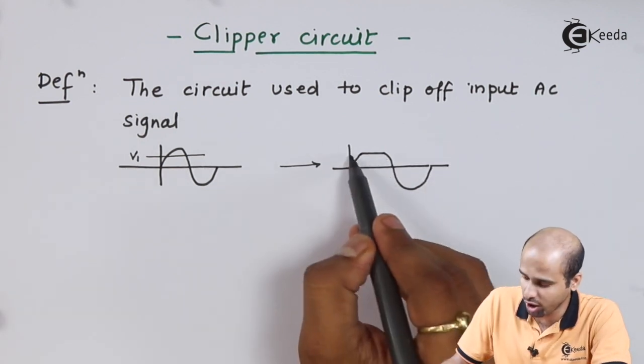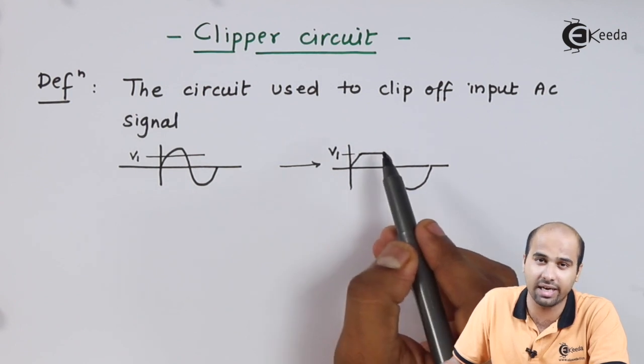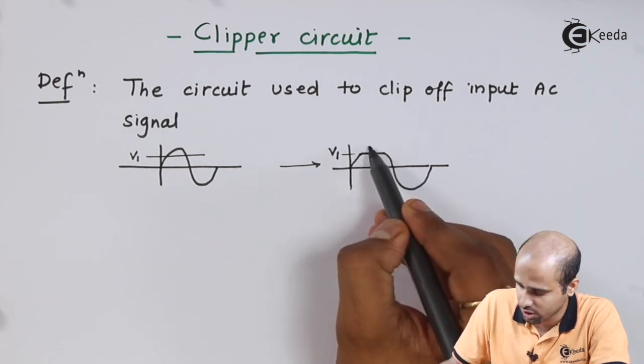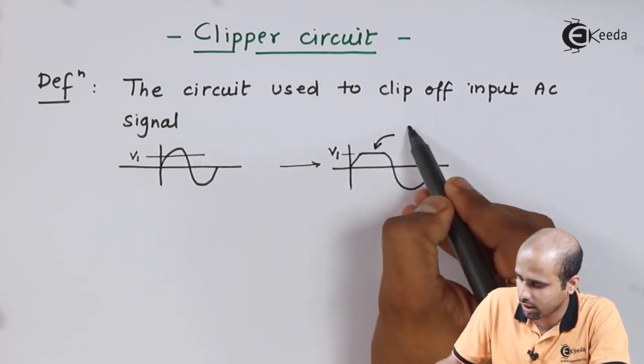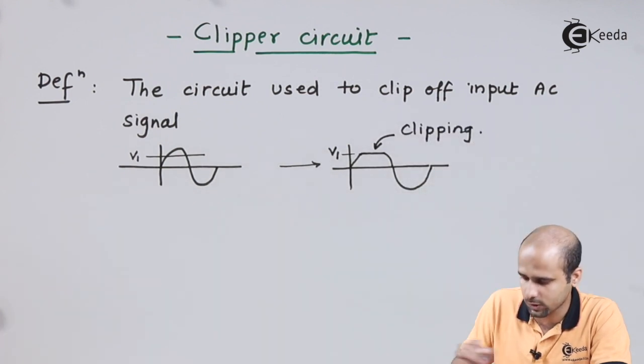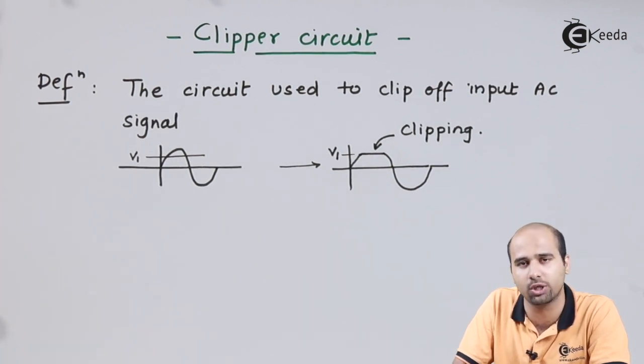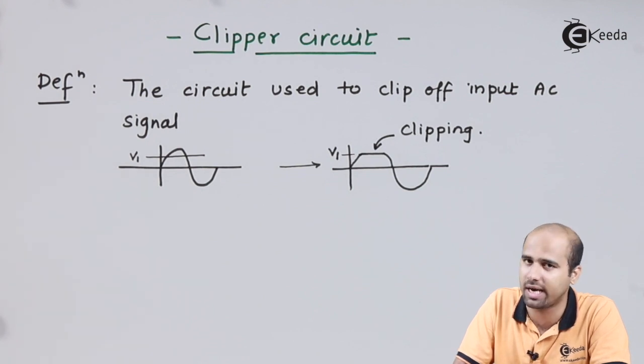Here I am not at all interested in the voltage above V1, that also in terms of AC. So here the clipping is done. This is called a clipper circuit. The circuit which gives you this kind of change from the input signal to the output signal is called a clipper circuit.